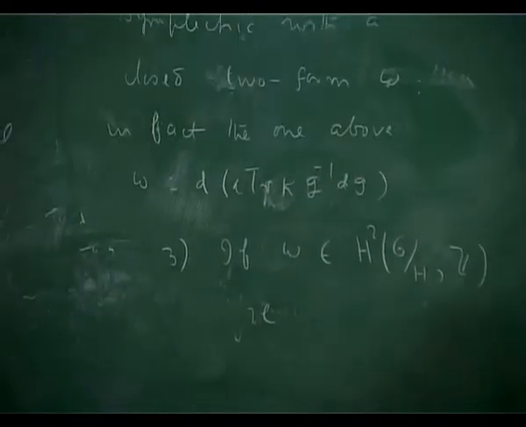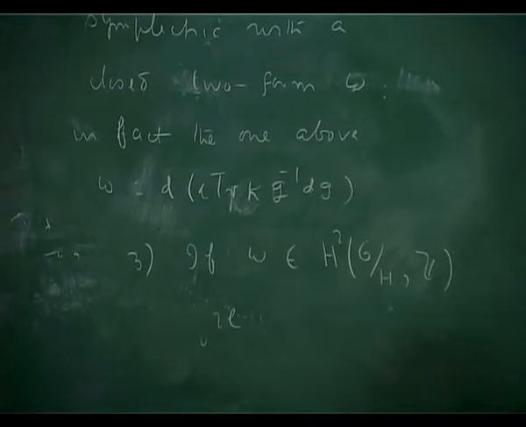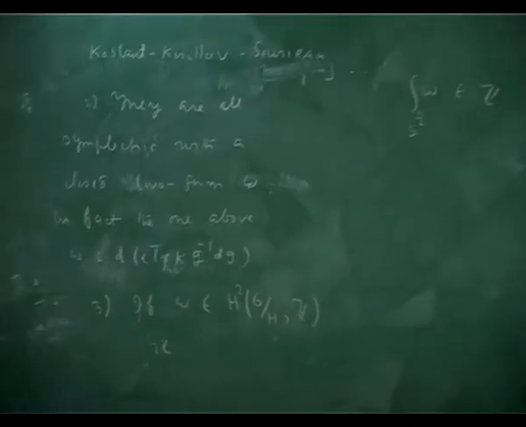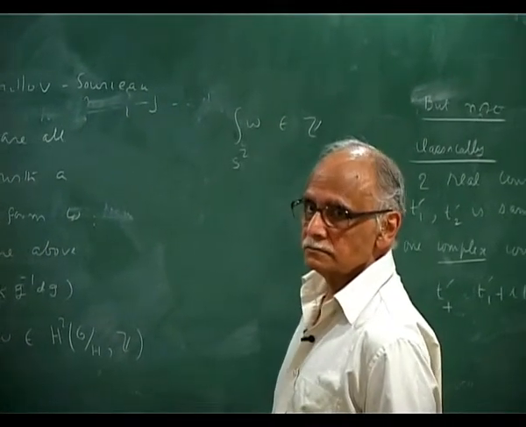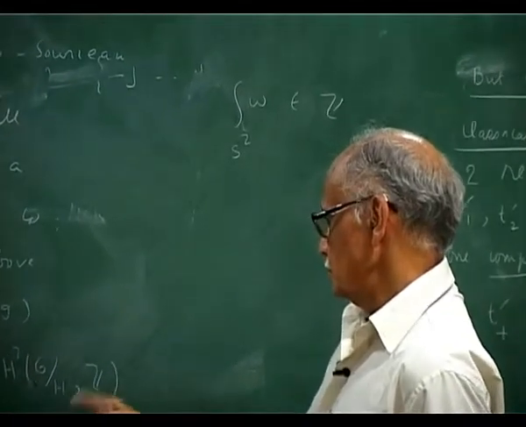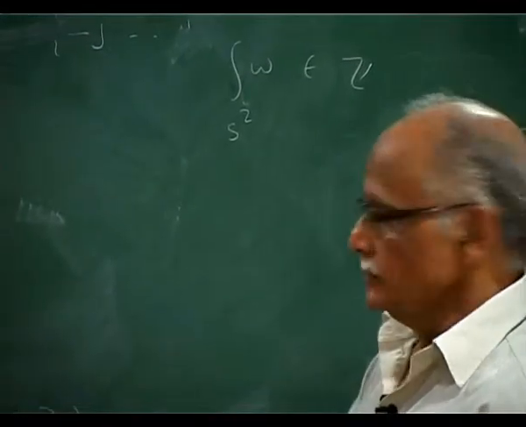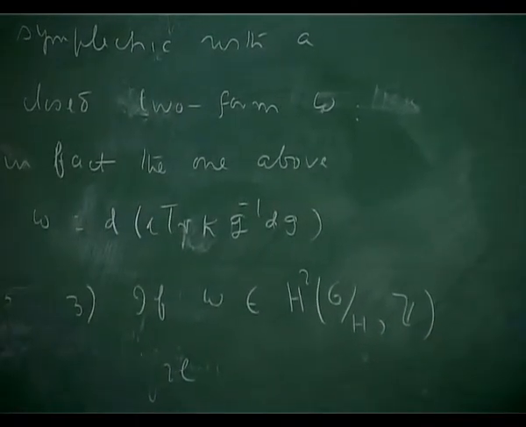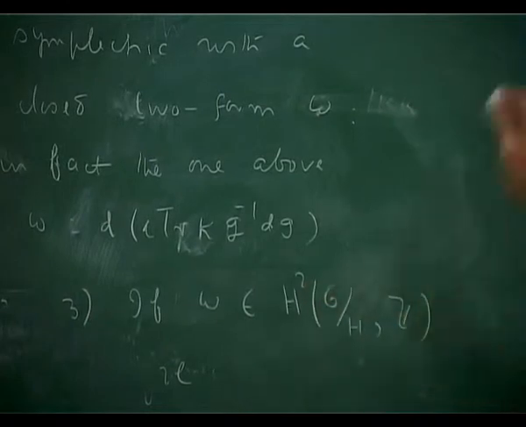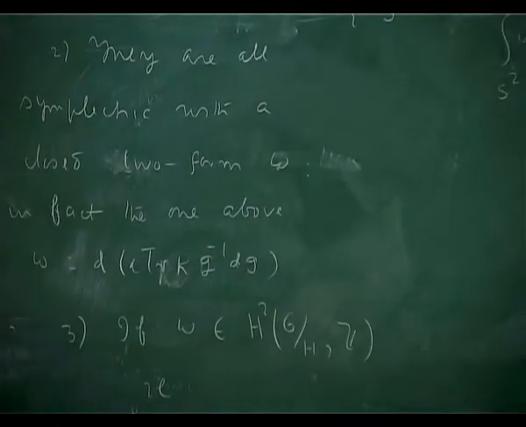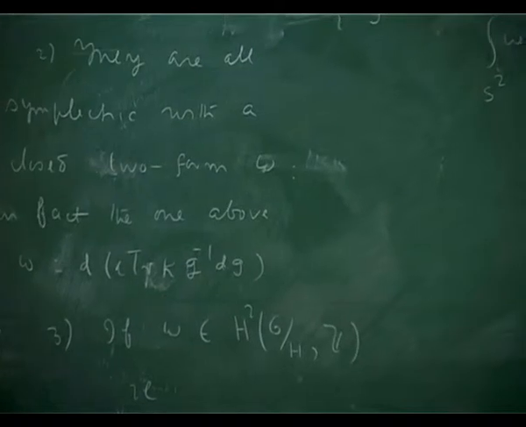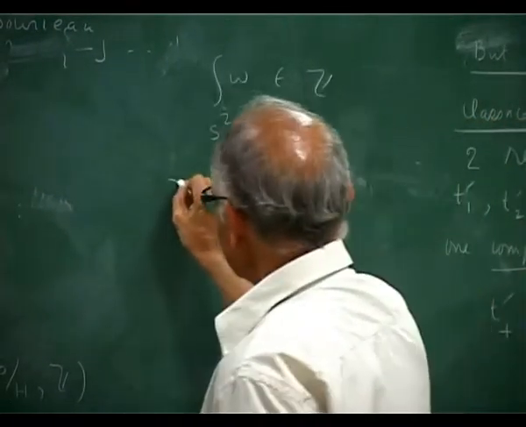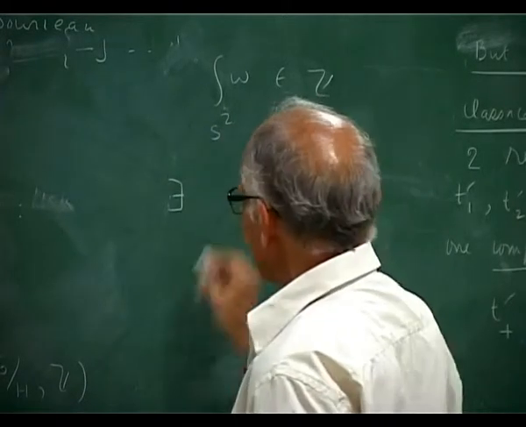The integral of omega on any 2 sphere belongs to Z. This is second cohomology of G over H with coefficients in integers. Another way of saying it: if I integrate omega on a 2 sphere, I get an integer. Then there exists a U(1) bundle.